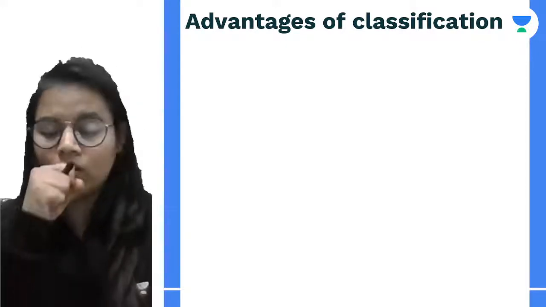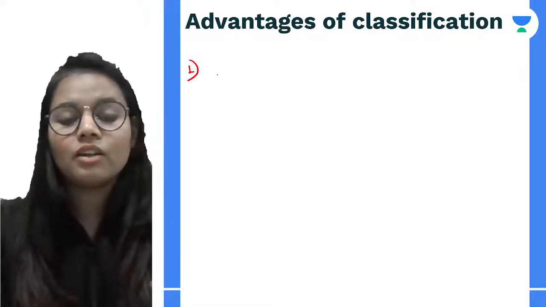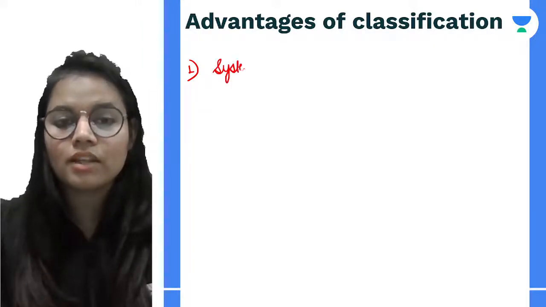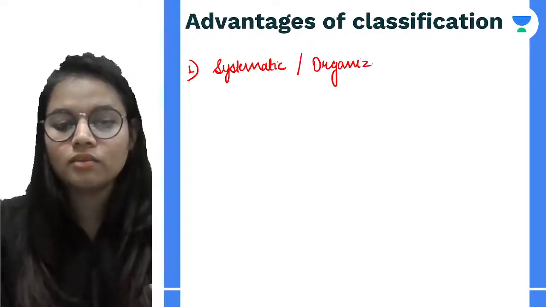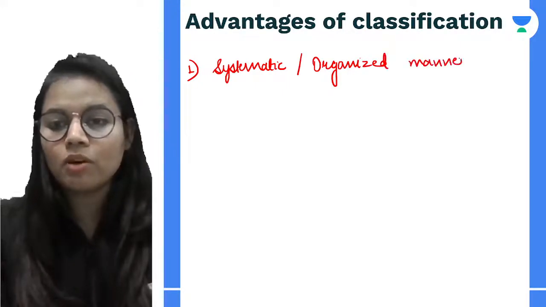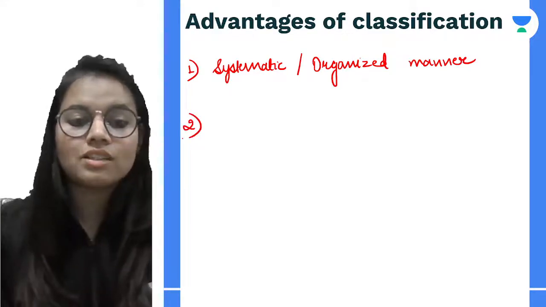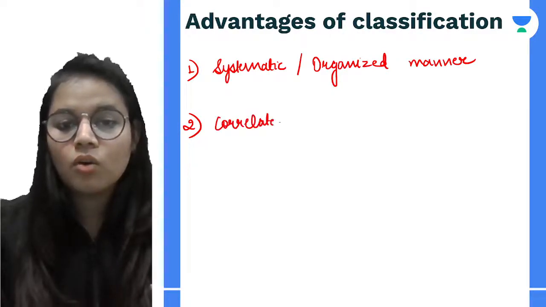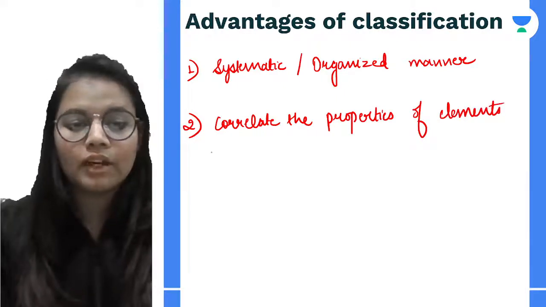The very first advantage is that we are able to study elements in an organized, systematic manner. The next advantage of classifying the elements is that we can correlate the properties of elements with fundamental properties.